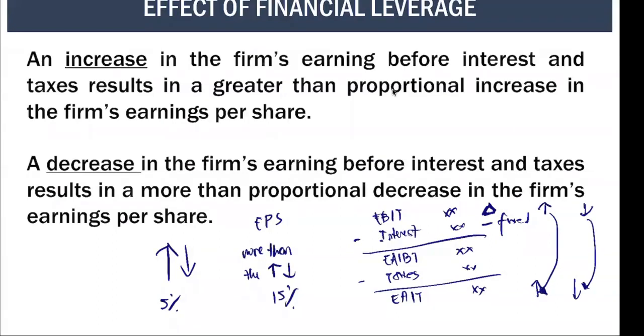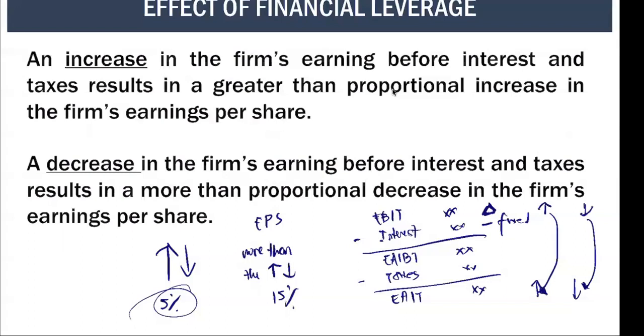So if the increase or decrease, for example, is 5%, the increase or decrease on our EPS is more than 5% because interest here is not variable. Interest is fixed, therefore it does not follow that the change is the same as to the EPS.